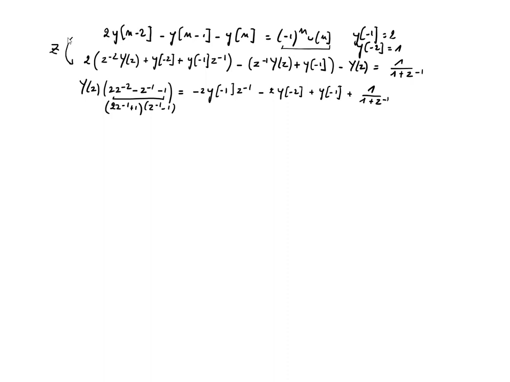indeed it is correct. So y[-1] is 2, so here we have a 1 and here we have a 2, so these two will cancel out, so we have here minus 4z^-1 plus 1 over 1 plus z^-1. So y(z) can be written as minus 4z^-1.